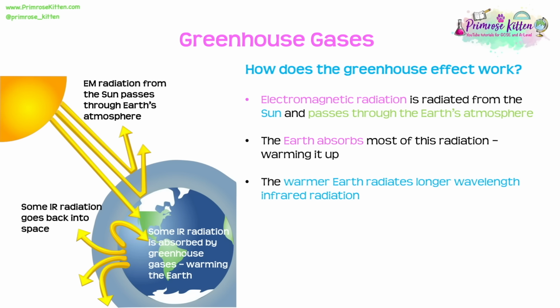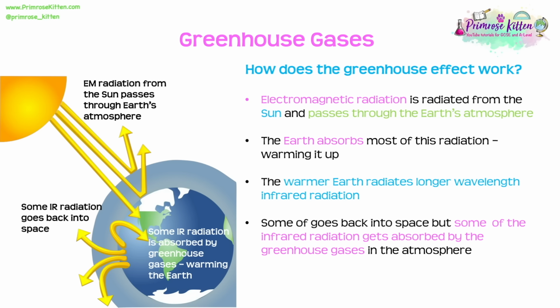Now this warmer Earth is going to radiate a longer wavelength, infrared radiation. Now some of this radiation can go back into space, but some of this infrared radiation will get absorbed by the greenhouse gases in the atmosphere. Now it's this process here that increases the temperature of the atmosphere.